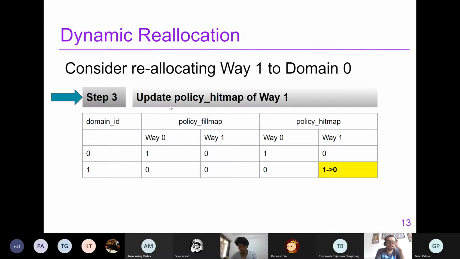Now that we have flushed way 1, we cannot get any hits from there, so we need to update the policy hit map of way 1 also, as shown here, from 1 to 0. Now we have sanitized this way from domain 1, so it can be allotted to domain 0 as we want.